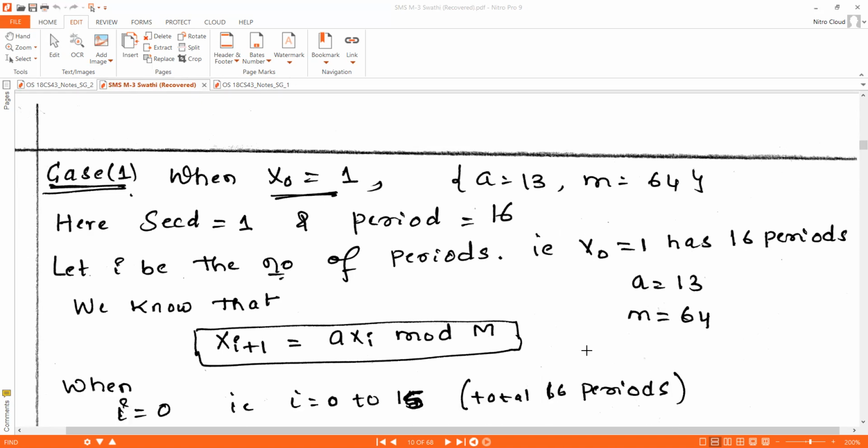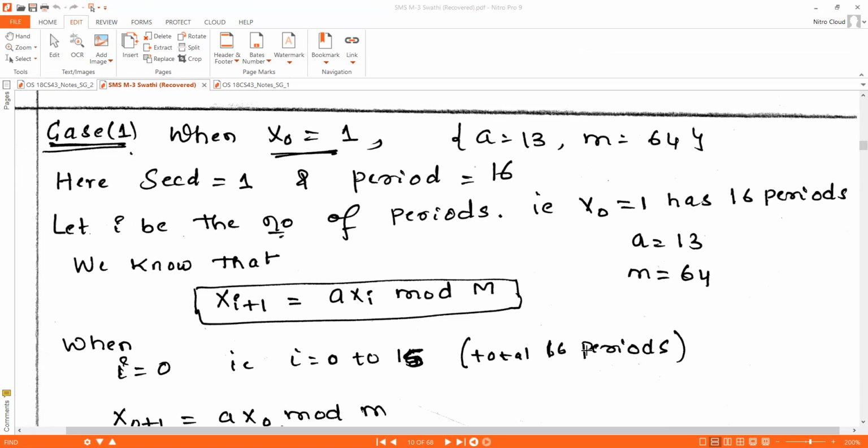Now we know the formula to generate the random numbers. The xi formula for the multiplicative congruential method is x i plus 1 is equal to a into xi mod m.